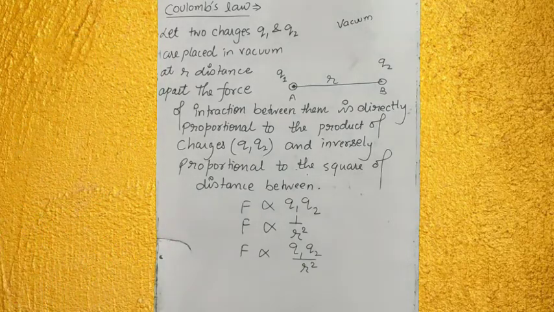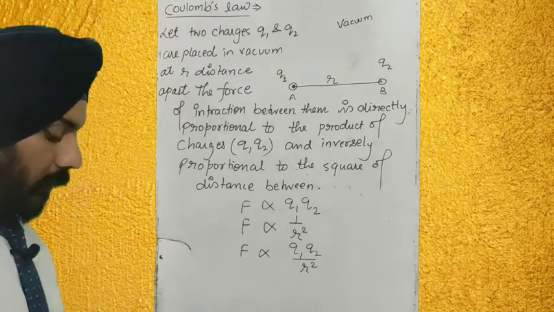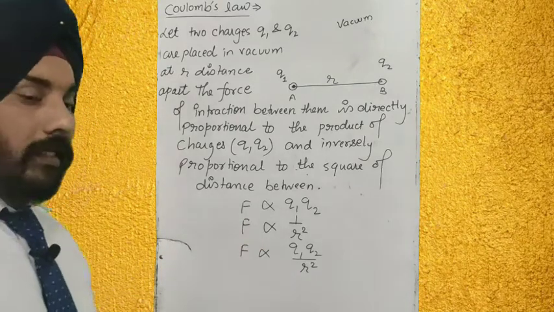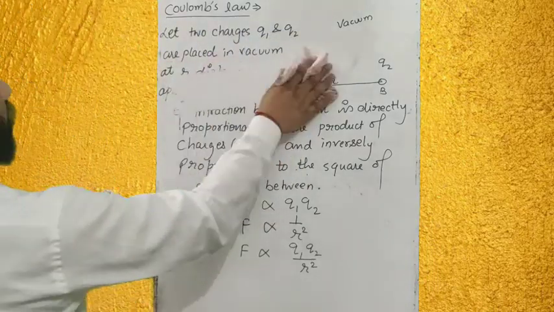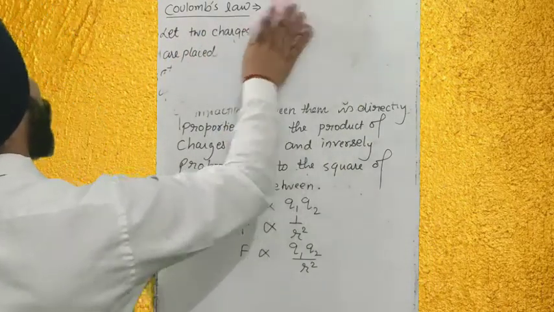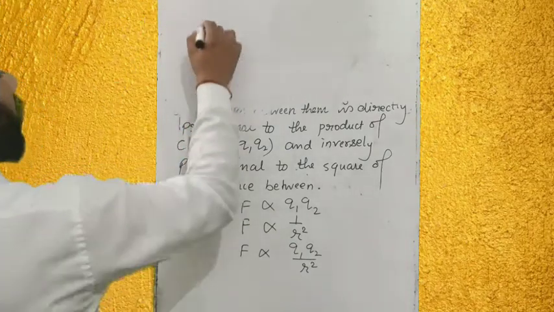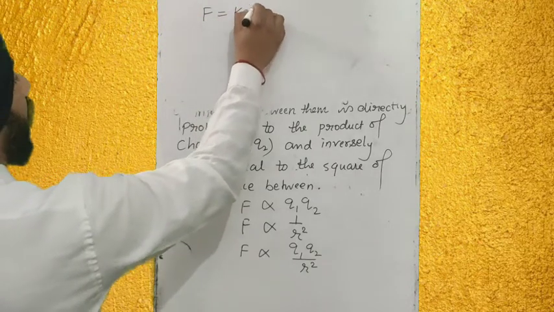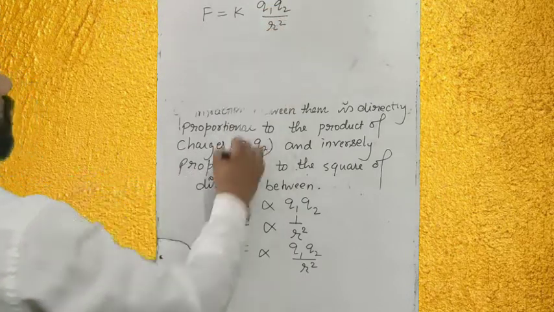Okay, after removing this proportionality sign, as you have studied in class 11th also, you always get a constant. So we will write a constant here. When the proportionality sign is removed, F becomes equal to K Q1 Q2 upon r square.